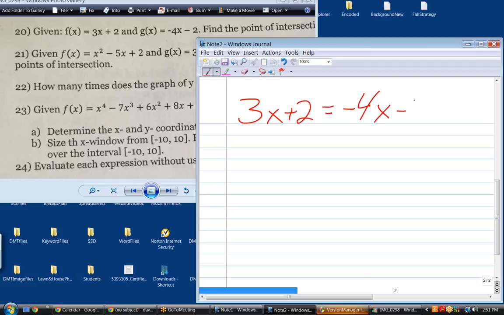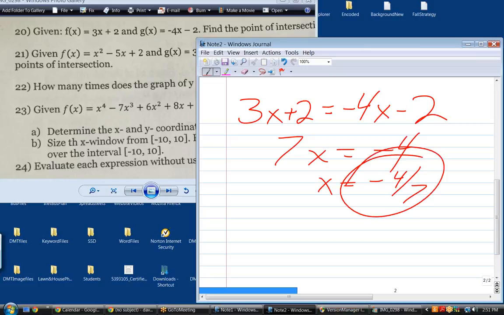And that will tell you the value of x where the y is the same. And what do we have? We have 7x equals minus 4, so x equals minus 4/7. That's the point where they intersect.